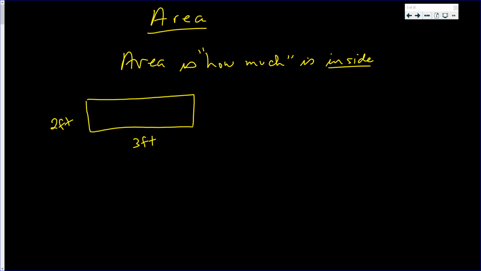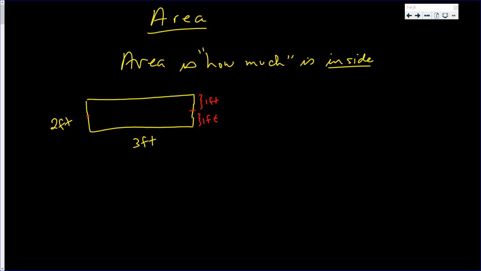If this distance is 2, well then if I cut it in half, each piece would be 1 foot. Let me do that on the other side, of course. If that whole distance on the right side is 2, if I cut it in half, then this piece would be 1 foot, and this piece would be 1 foot.